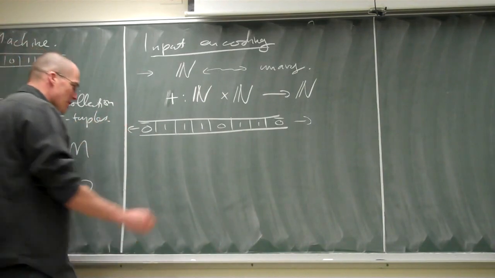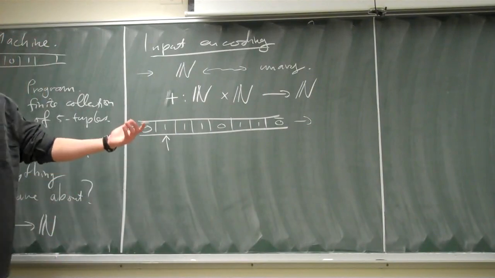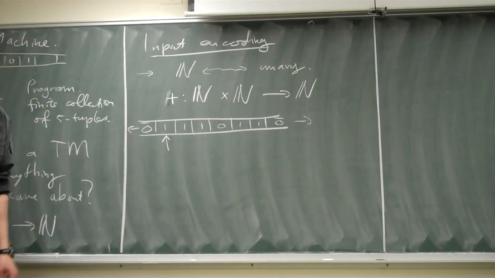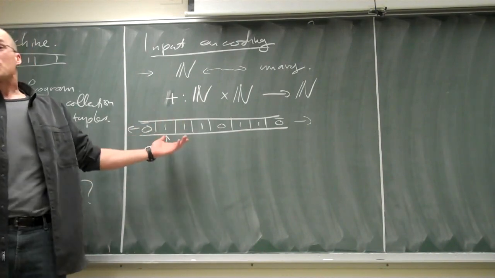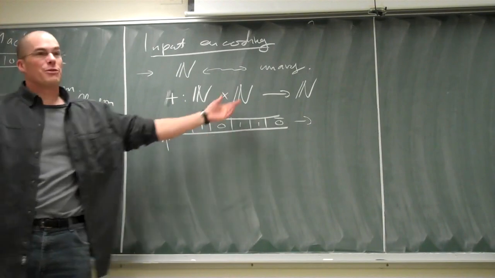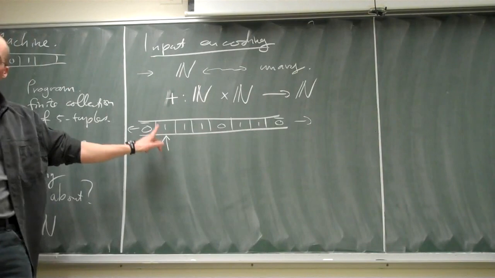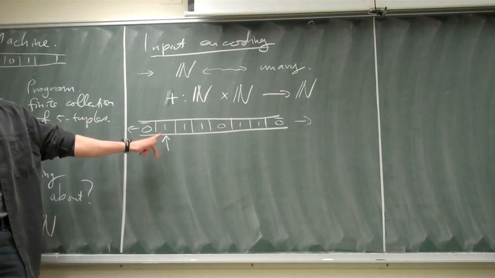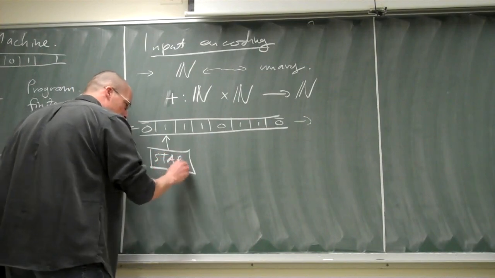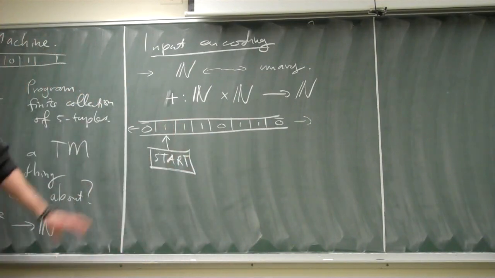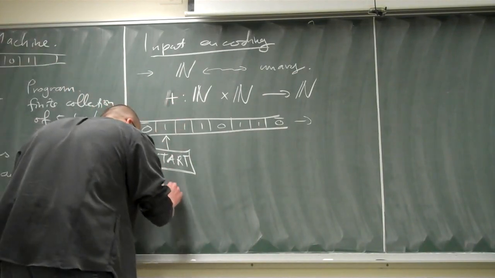And so we want to add to this that for this particular choice of input encoding for a binary function on the natural numbers, we will include first the one natural number in unary, followed by 0, the other natural number in unary, and the head is on the first one in the tape. And moreover, we start in state start.